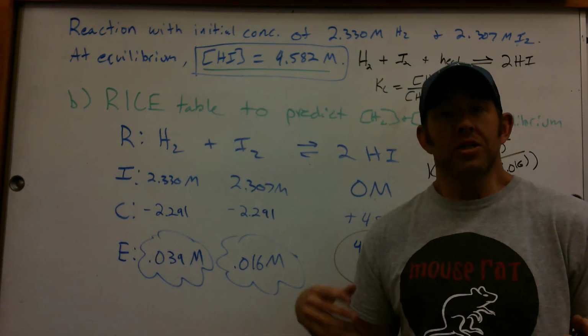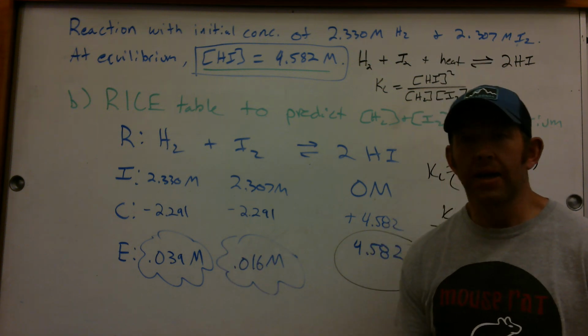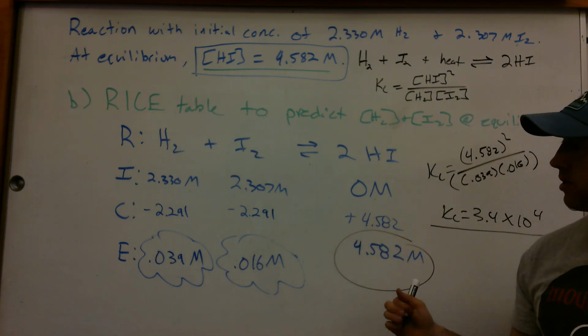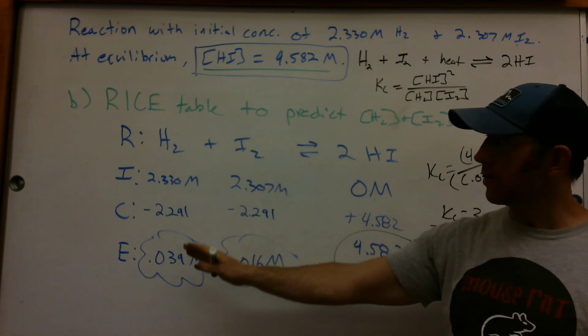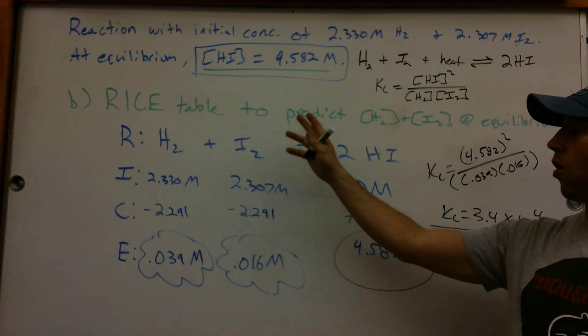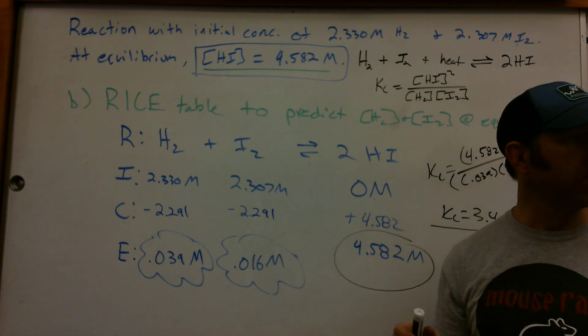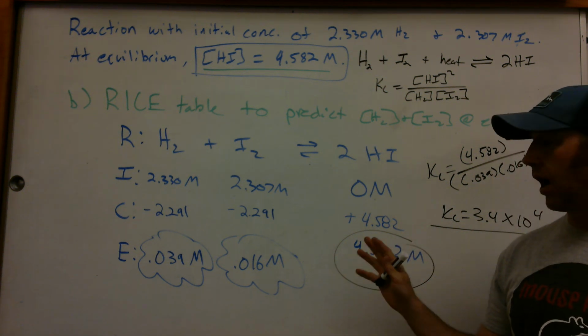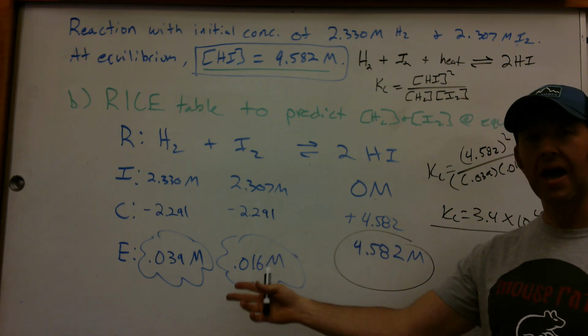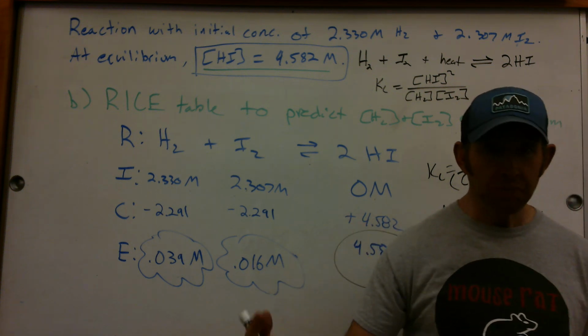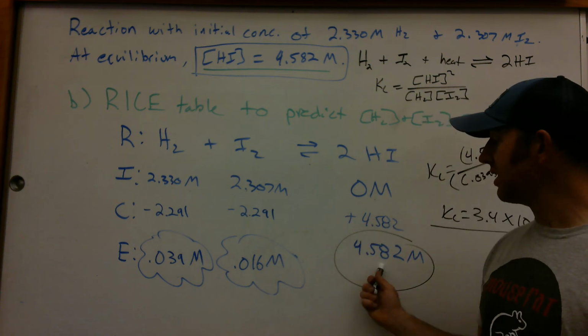Okay. So that's the gist. So that was our intro to equilibrium, right? And this method that we used here, we used a RICE table, and we use a RICE table when we are also given a value for the molarity of one of our components at equilibrium. Now, sometimes you are not given any of these values.